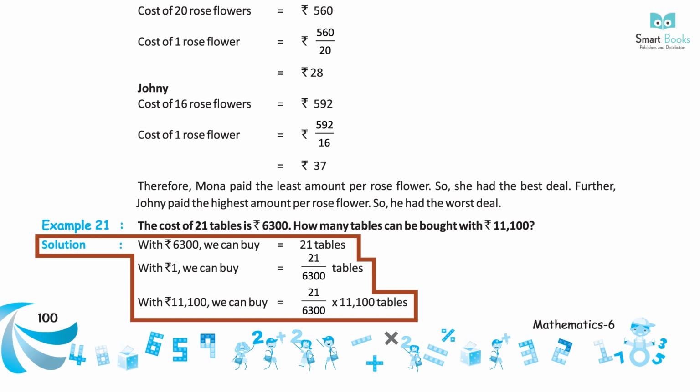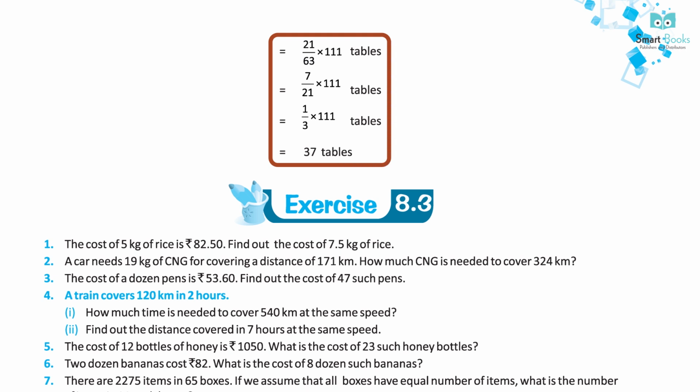With rupees 11,100 we can buy 21 upon 6,300 times 11,100 tables, equals 21 upon 63 times 111 tables, equals 7 upon 21 times 111 tables, equals 1 upon 3 times 111 tables, equals 37 tables.